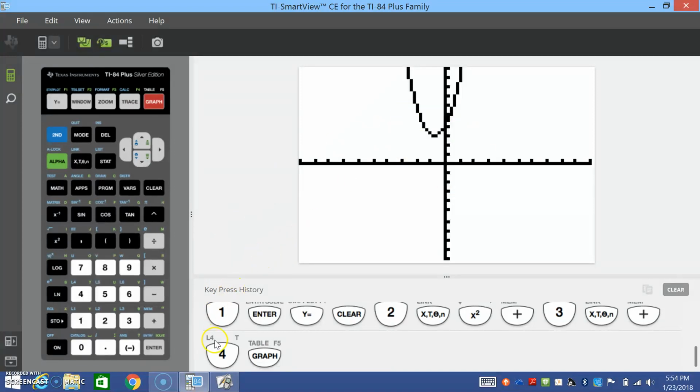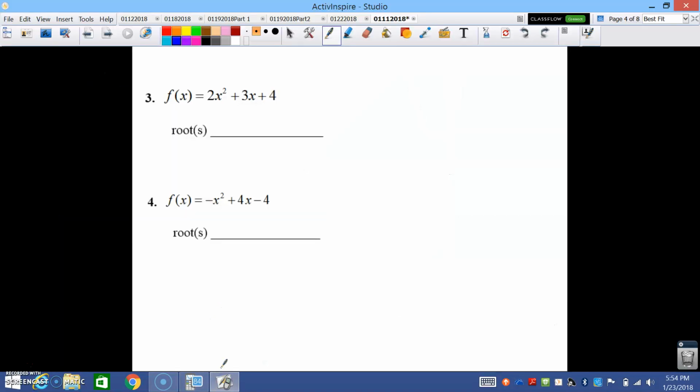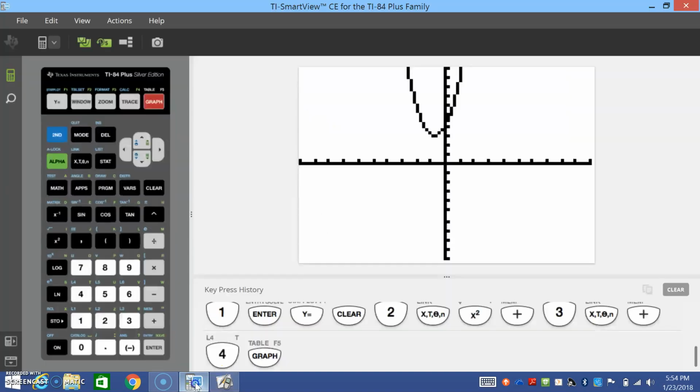So what that means is all you have to do is write no roots. If it doesn't cross or touch the x-axis, there are no roots. It has to cross this line right here, which is the x-axis, but it's not. So y is never going to equal 0. This is the vertex, the lowest part of the parabola, and it goes up.